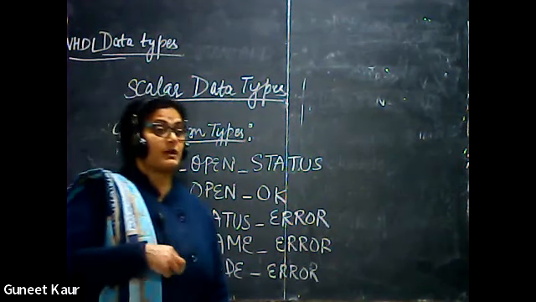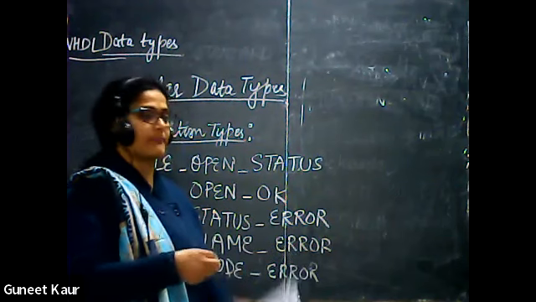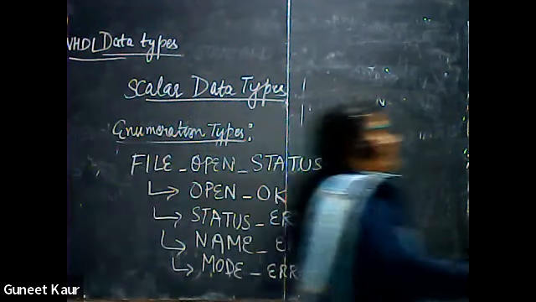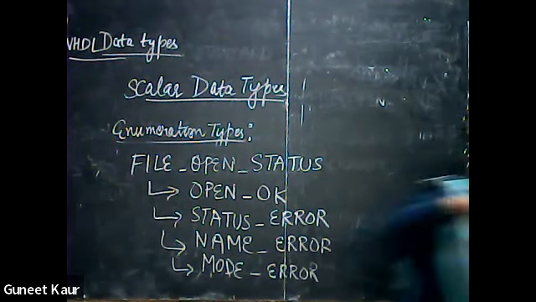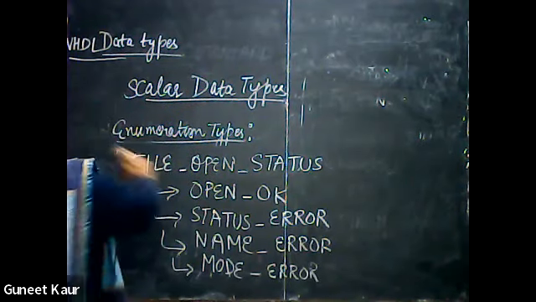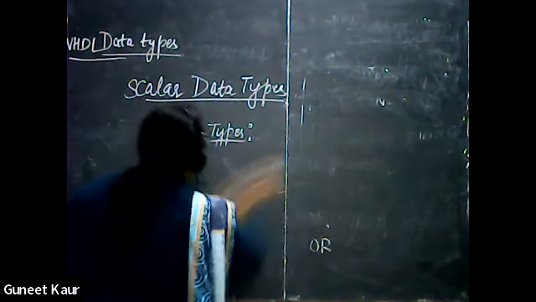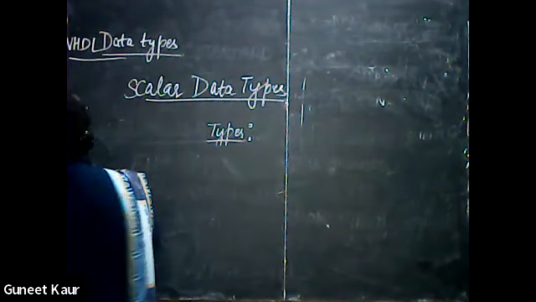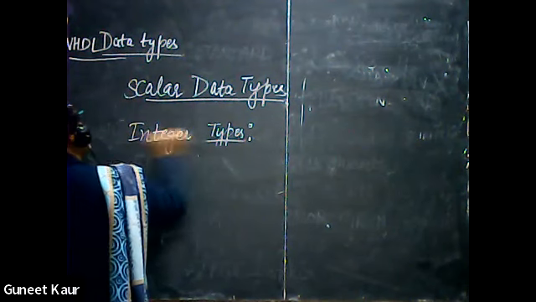Now come to the second, the integer type. Going further, as the name suggests, in the integer type we are using a range in integer form.